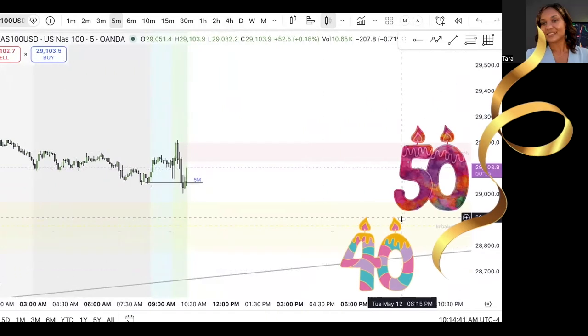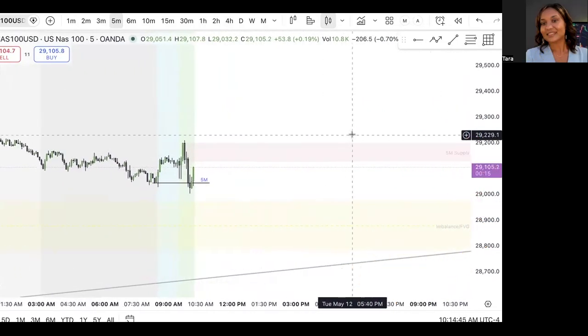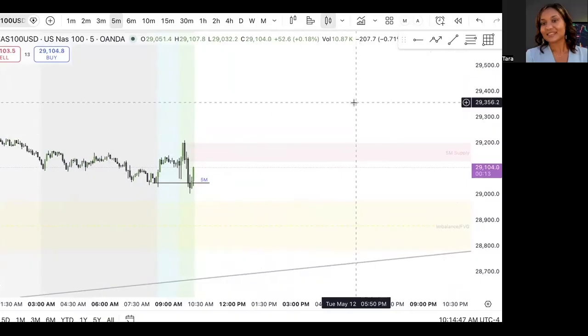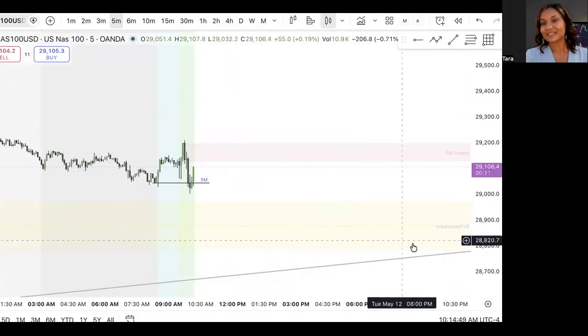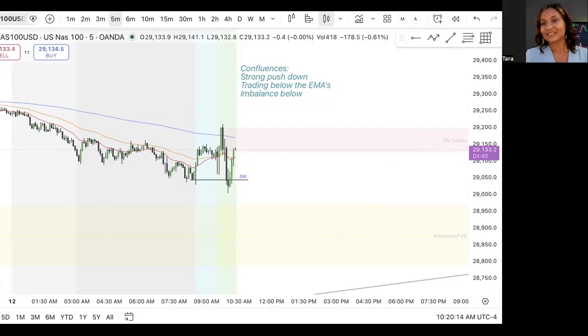Okay, and so now we just wait. Just wait to see what happens when price reaches the supply zone. Okay, we've tapped into the zone, but we don't enter yet. We're waiting for a sell signal, either a 3-bar reversal or an engulfing candle.